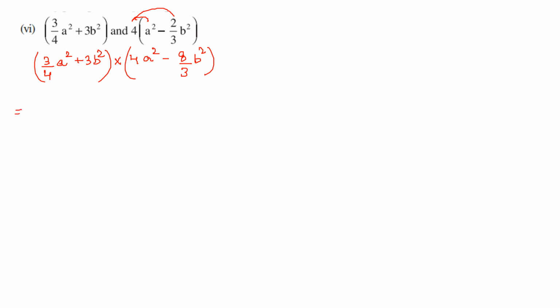Now start multiplying the first term of the first binomial with the second binomial. So it will be 3 by 4a square multiply with 4a square minus 8 by 3b square. And then plus 3b square you have to multiply with 4a square minus 8 by 3b square.